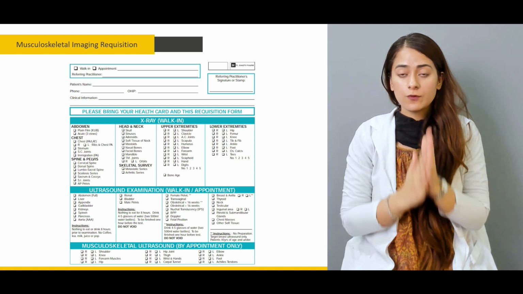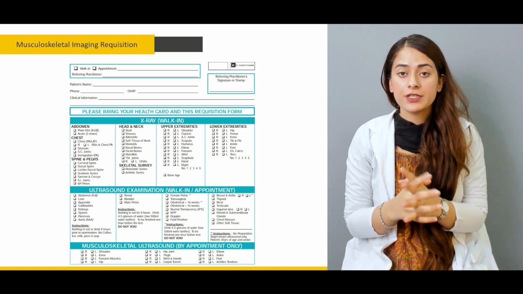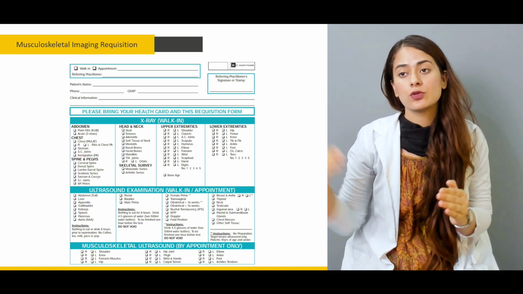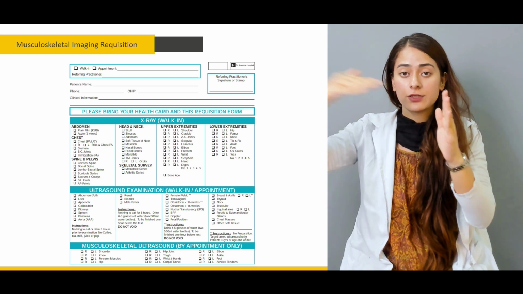So the views of X-ray depend on the orientation of the body with reference to where the X-rays are coming from.